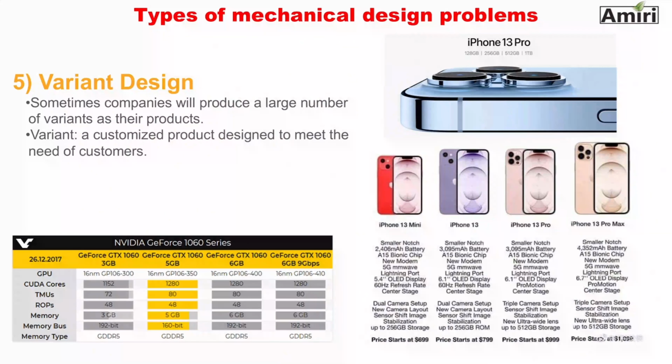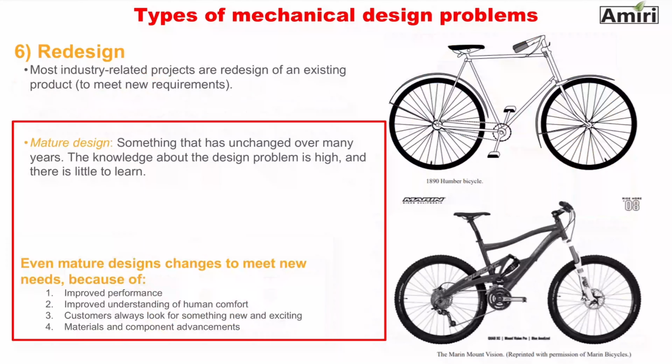A lot of consumer market products, vacuum cleaners, tools, cell phones, laptops, TVs, printers, a lot of electronics, all fall under variant design, when it's one product but a lot of different variations of it with a lot of add-ons, and again, the customer picks based on their needs and requirements.